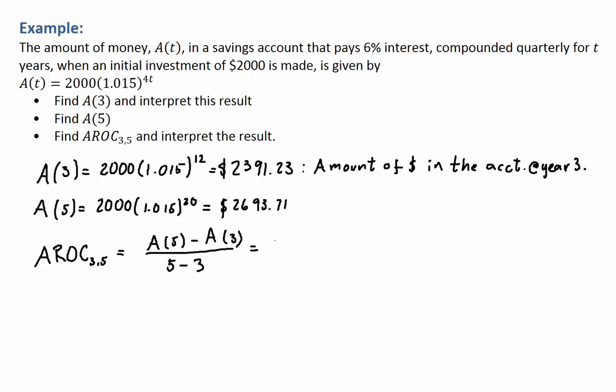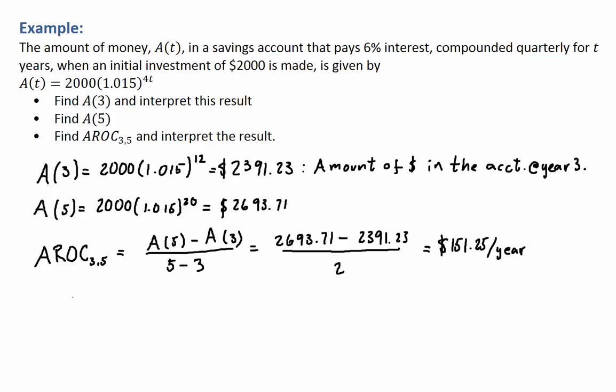So we get 2693.71 minus 2391.23, divided by 5 minus 3, which is 2, the number of years that have passed, and that gives us the average increase in the account per year. Let's calculate. We obtain 151.24 per year. That's in dollars.